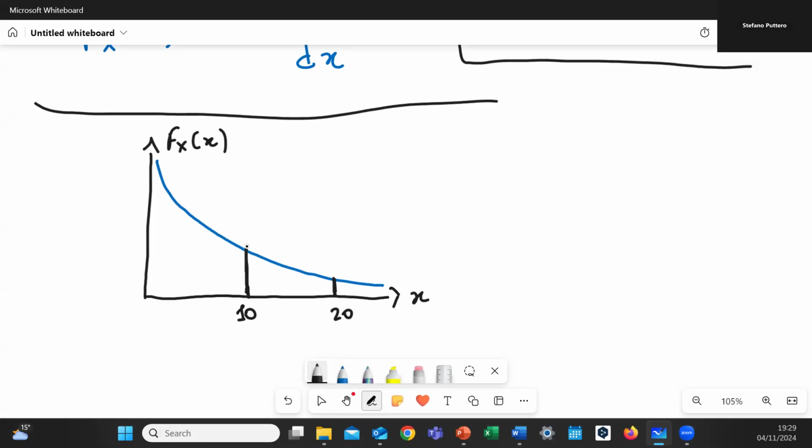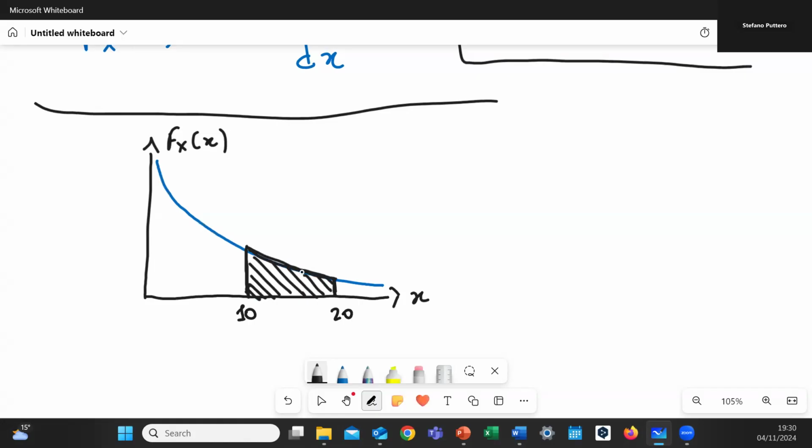We can draw a line, and then the probability that the component has a life between 10 and 20 years is this area, because we are dealing with a continuous random variable.